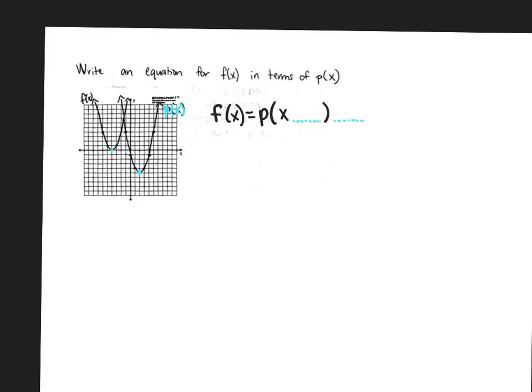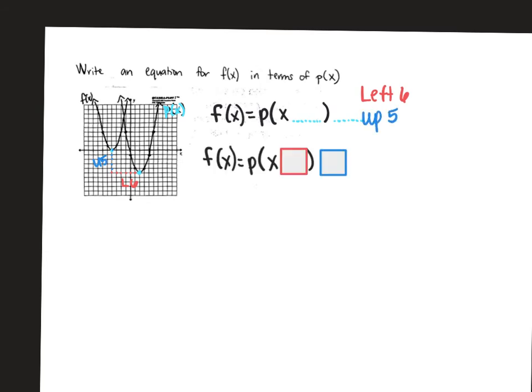So let's go ahead and count. I go left 1, 2, 3, 4, 5, 6. So I went left 6. I'm going to write that here, left 6. And then I went up 1, 2, 3, 4, 5. So I went up 5.